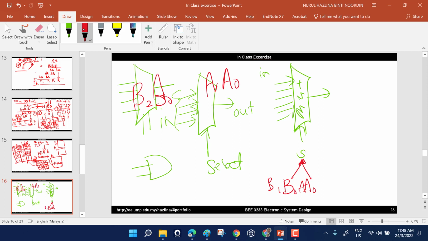That being said, how many bits should my select be? 4 bits: 2 bits for A0 and A1, 2 bits for B0 and B1.